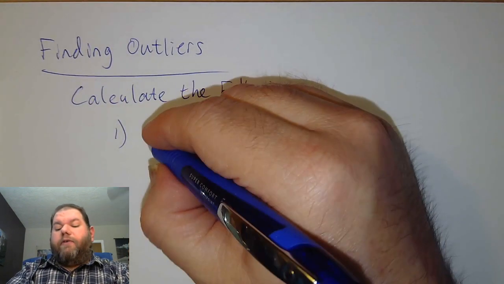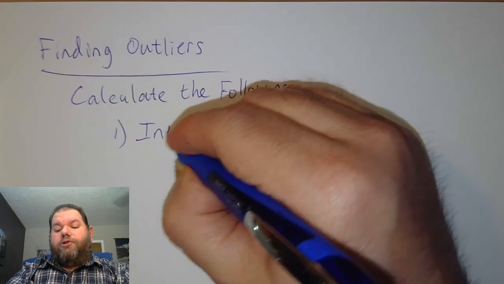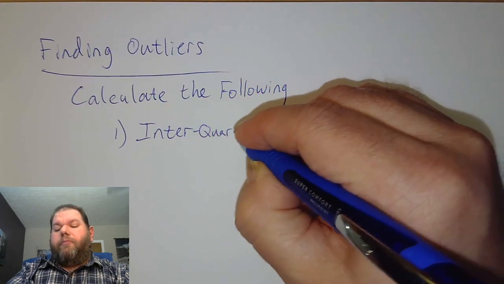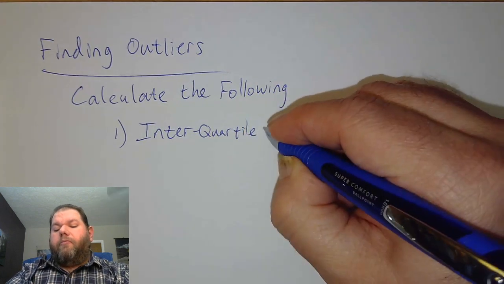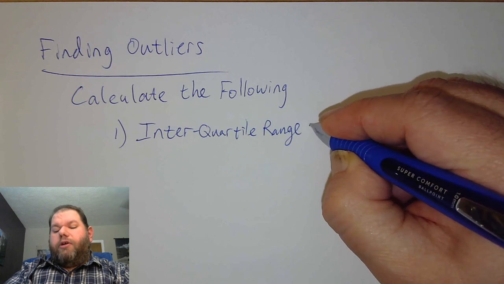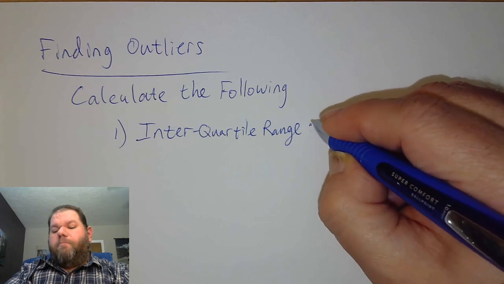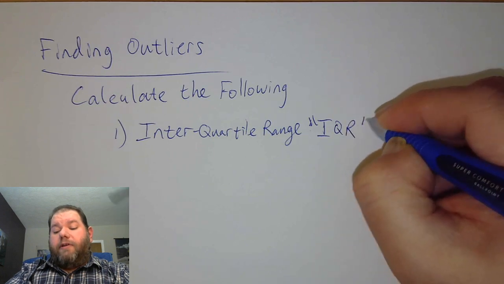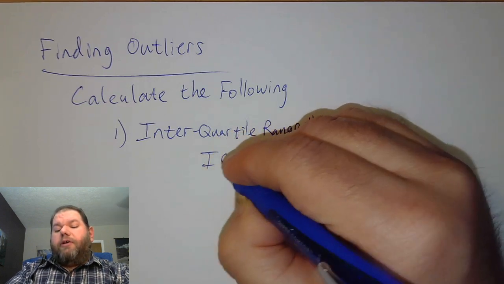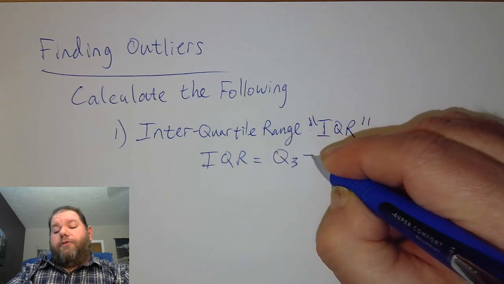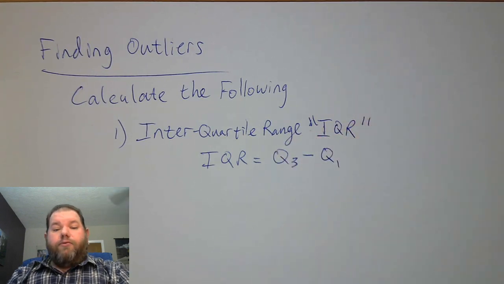First, we have what's called the interquartile range, which we'll call IQR for convenience. IQR is equal to the difference between the third quartile and the first quartile.